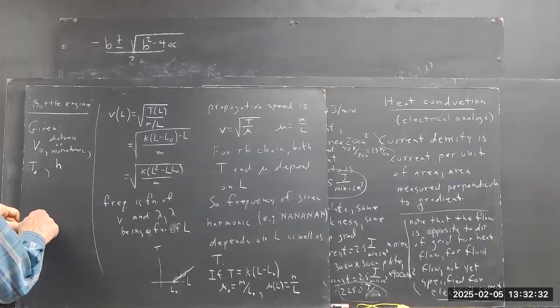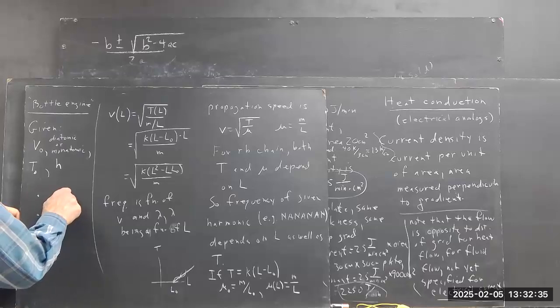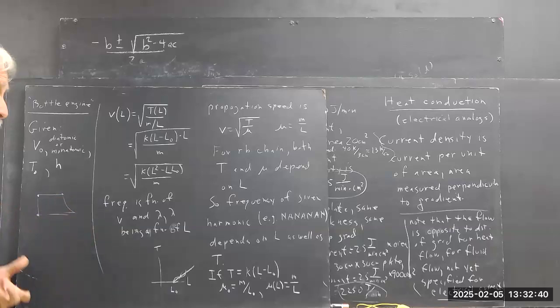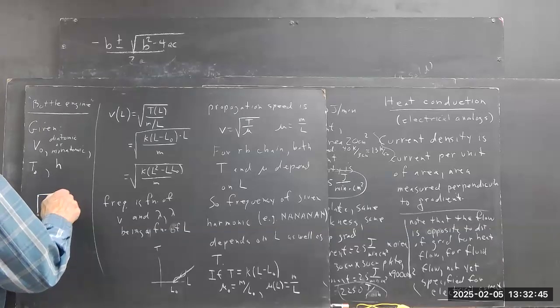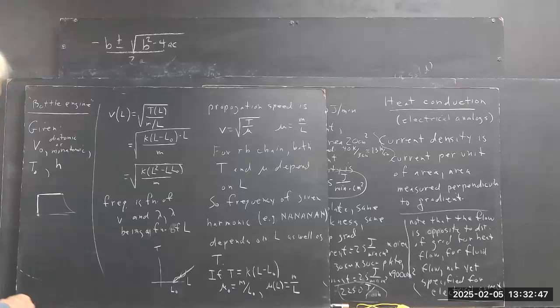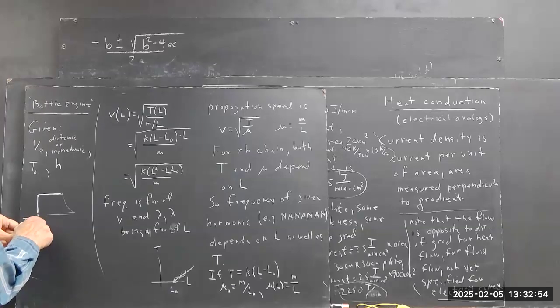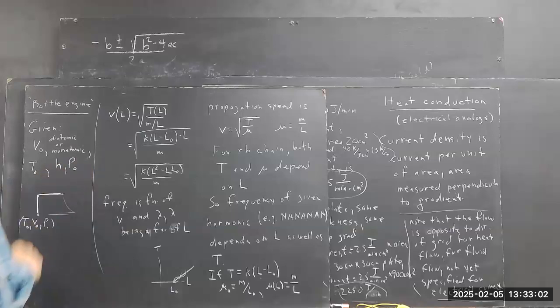We again have a diagram. We're only looking at this much of the diagram, but we have something like this. We have a cycle. We're only going to look at this part of the cycle. Here we have the initial pressure: T naught, B naught, P naught.